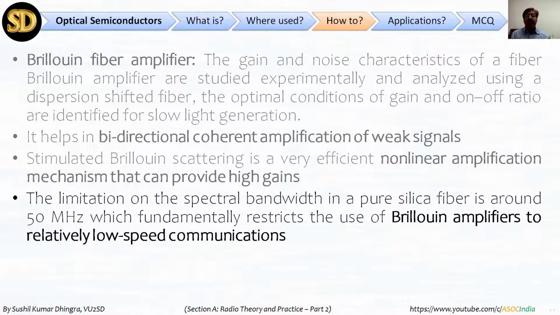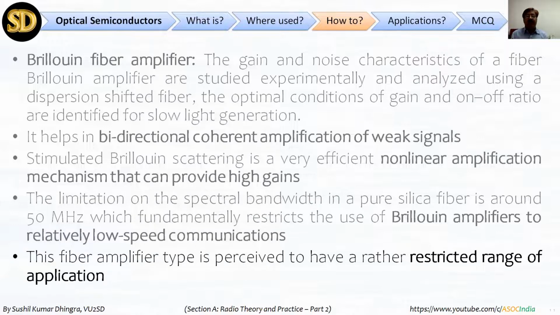The limitation is the spectrum bandwidth of 50 megahertz only, meaning lower side or low speed communication, or I can say the end user side, where the consumers are, not the industry side, where they are giving so many connections or using high range communications. So this fiber amplifier type is perceived to have a rather restricted, very limited range of application.